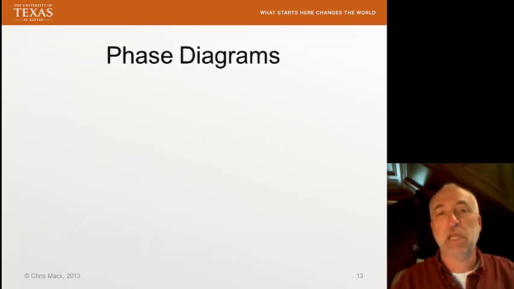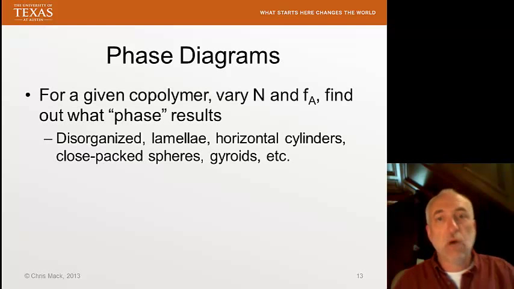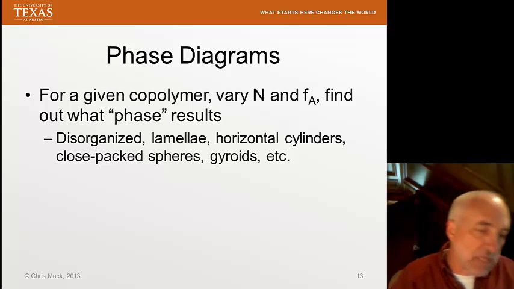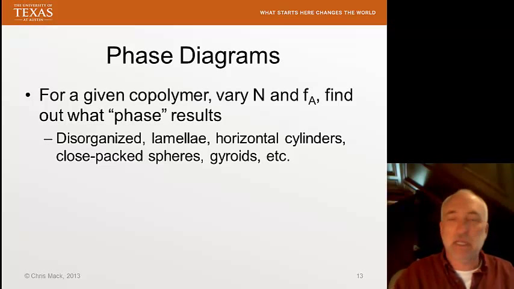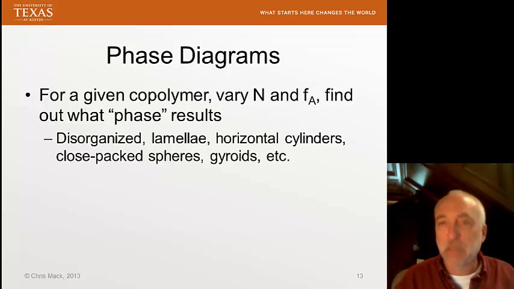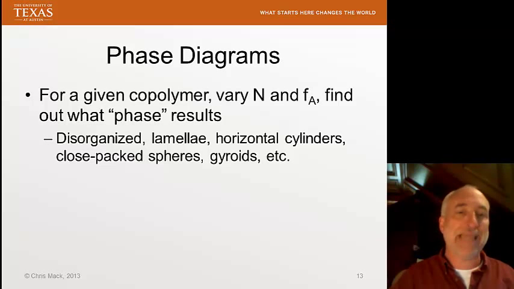Last topic to think about, phase diagrams. If we're making up one of these polymers, we have a specific A and a specific B. There's two things that we can vary. We can vary the total number of monomers strung together to make a chain.